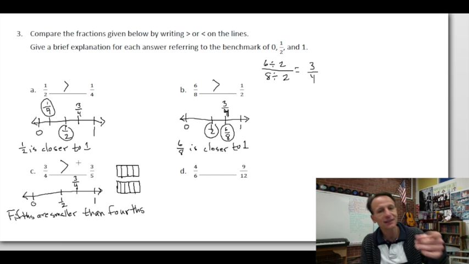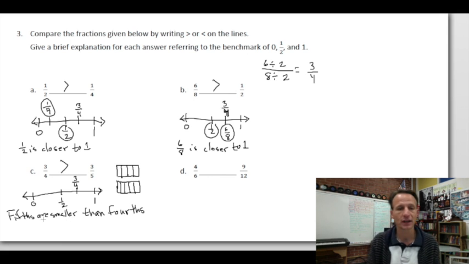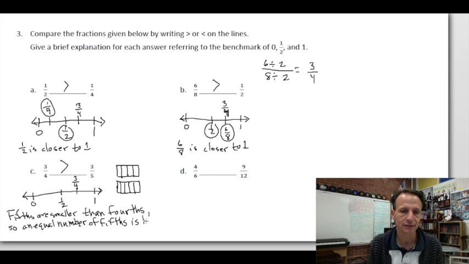So it's because they have the same numerator, we have the same number of pieces of cake, but we know that fourths are larger than fifths, so we know that because fifths are smaller than fourths, an equal number of fifths is less.